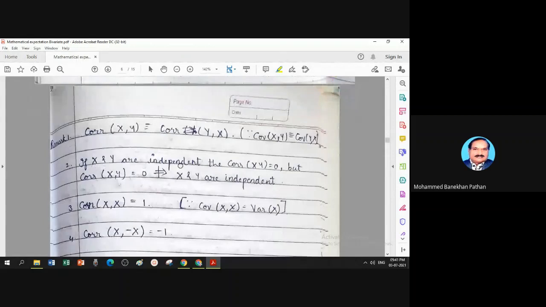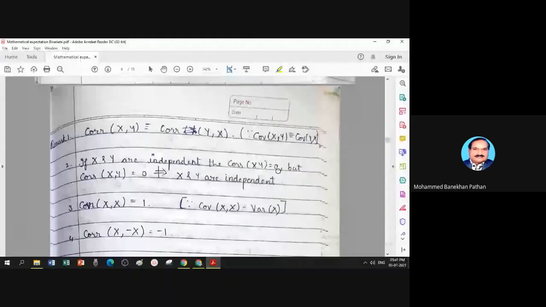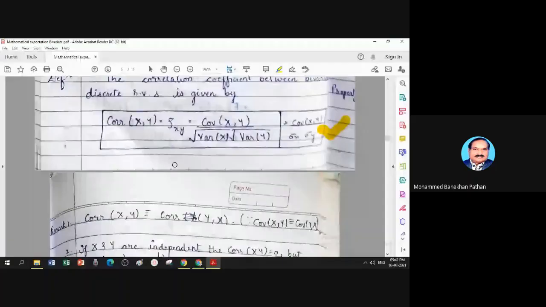correlation of x and y is 0. Just yesterday I told you if the variables are independent, covariance is 0. And in the definition of correlation coefficient, the numerator is the covariance.